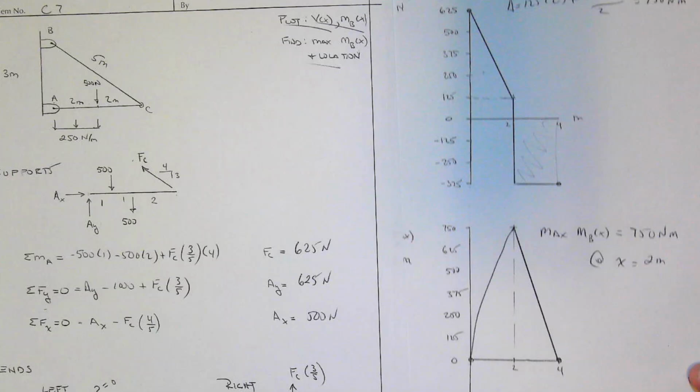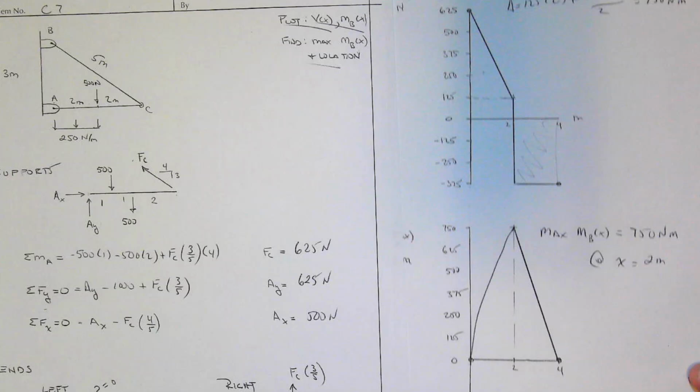All right, now, summing forces in the y. We have AY coming up, minus 500 and 500, so I'll just call that 1,000, plus FC times 3/5 going up. We know FC, it's 625. Substituting in, we get AY is also 625.